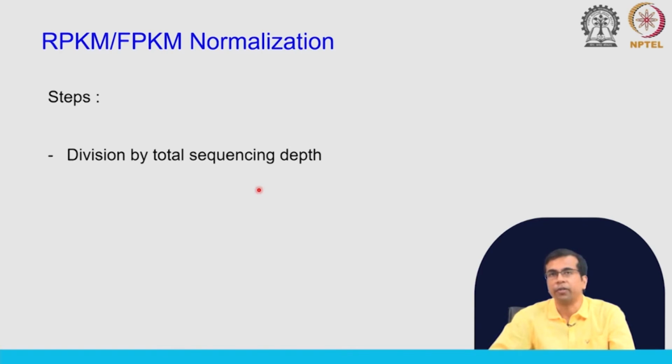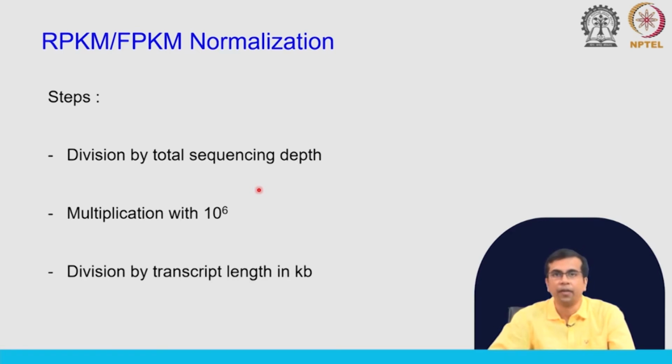So, the first step is we divide by the total sequencing depth. Okay. So, it is actually very similar to what we have discussed just before this, right. The CPM normalization method, we follow the same process, right. We divide by the total sequencing depth. Okay. Then we multiply by 10 to the power 6 as before, right, and we understand the reason now.